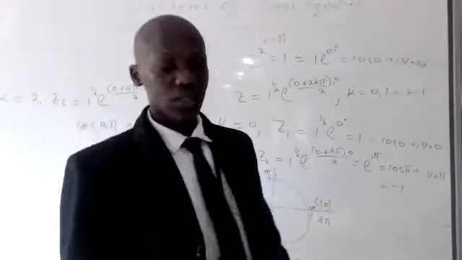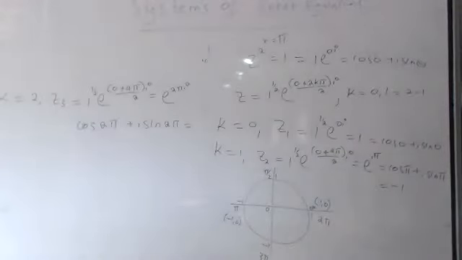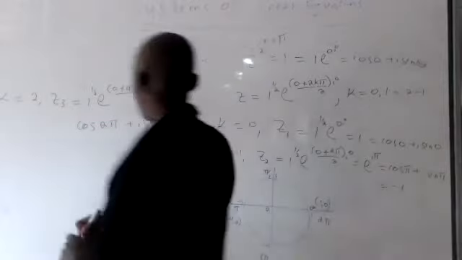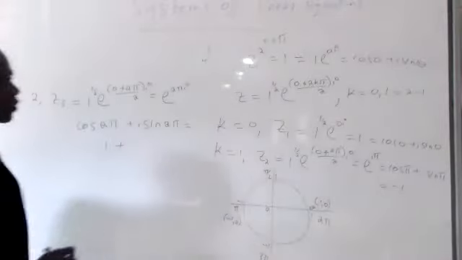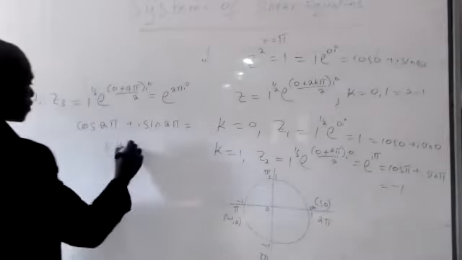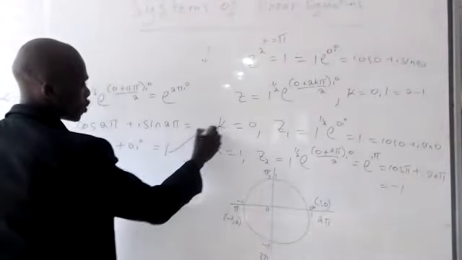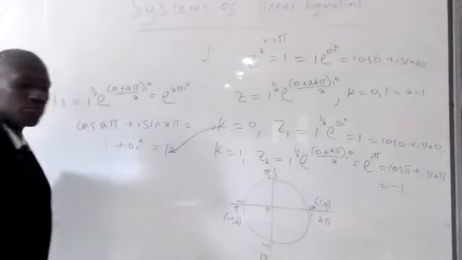Cosine of 360 is 1. How about sine of 360? 0. So in other words, you still get the number 1, but that corresponds to what we got when you took k to be 0.